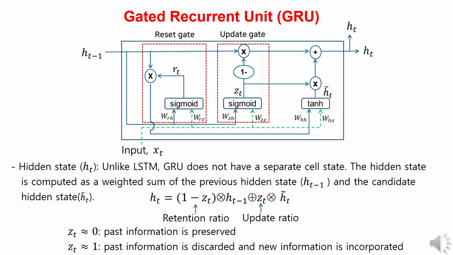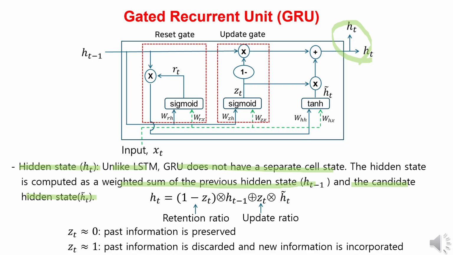Finally, let's talk about the hidden state. Unlike LSTM, GRU does not use a separate cell state. Instead, it manages all the information using just a single hidden state. The final hidden state is computed as a weighted sum of the previous hidden state, h sub t minus 1, and the candidate hidden state.